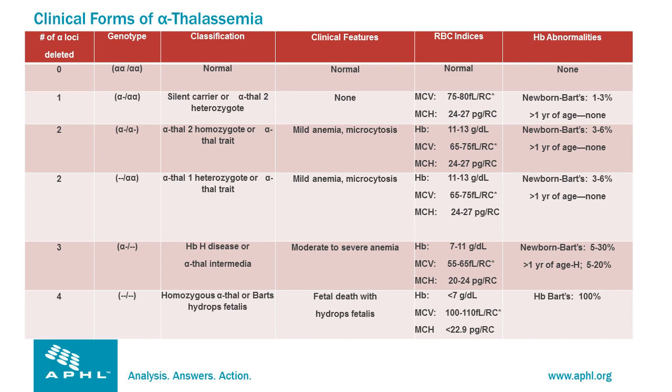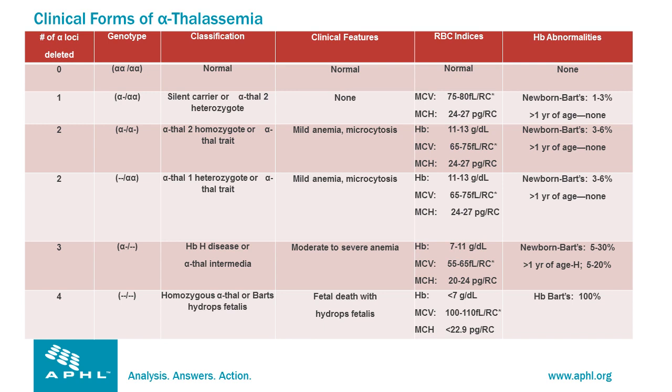And newborn Bart's at birth is going to vary from 5 to 30%, even though in my experience, when I see 20 to 30%, I strongly suspect hemoglobin H disease. And then hemoglobin H after 1 year of age is going to vary as low as 3%, as high as 20%.